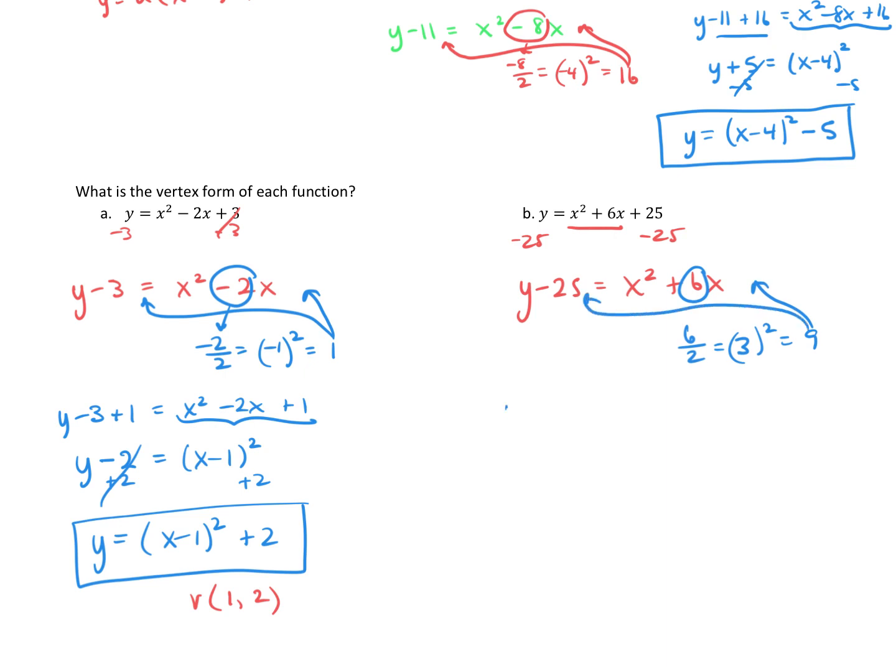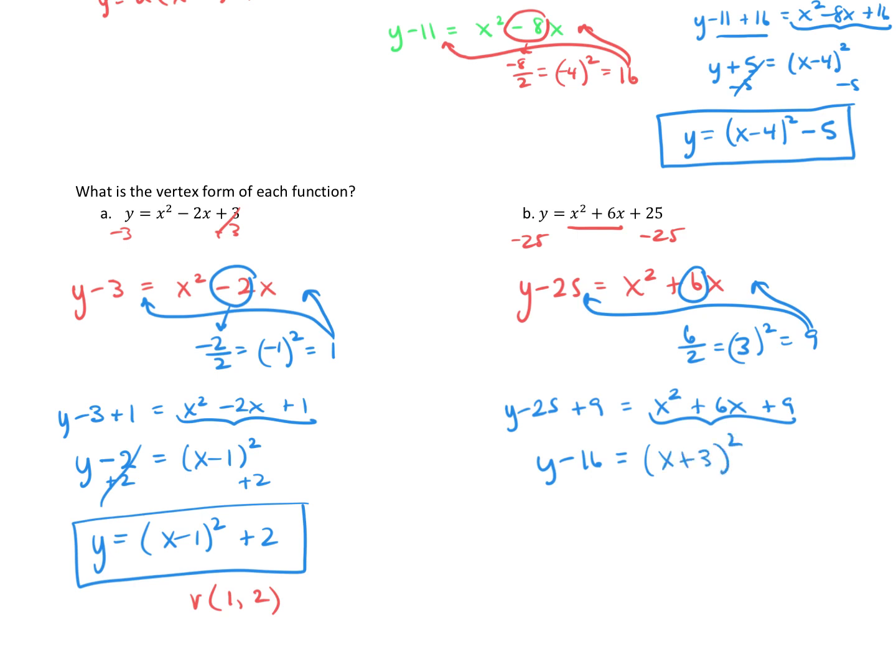So y minus 25, here's that plus 9, equals x squared plus 6x plus 9. On the left, negative 25 plus 9 is a negative 16. So we have y minus 16 equals, and then we can factor this. Factors of 9 that add up to 6: positive 3, positive 3.